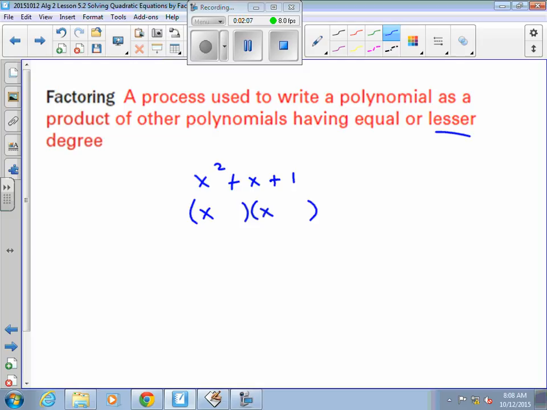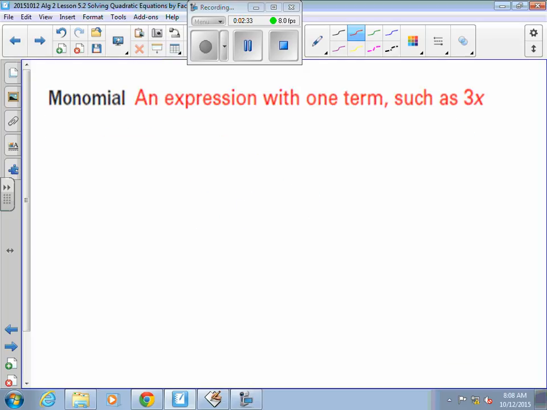Notice those are both to the first power. That's what it means by lesser degree. Your degree is the power. That one's the second power. We're making x to the first power. And in this case, it'd be plus 1, which would make it wrong in the middle. So we'll look at a better example in a second. But that's what you're doing. You're factoring it out. You're making a trinomial into two binomials for the purposes of today's lesson.